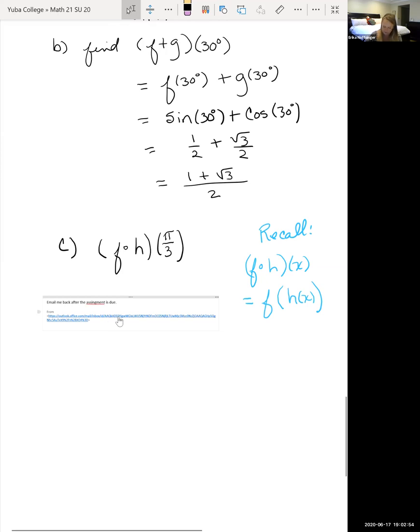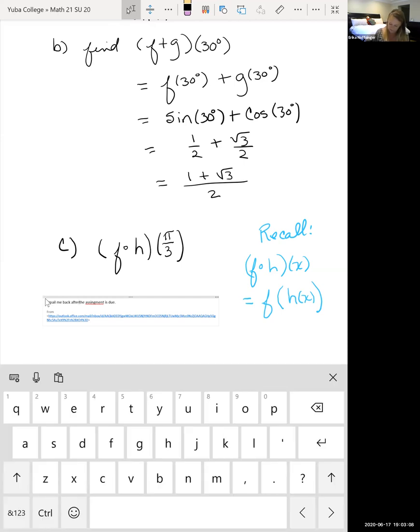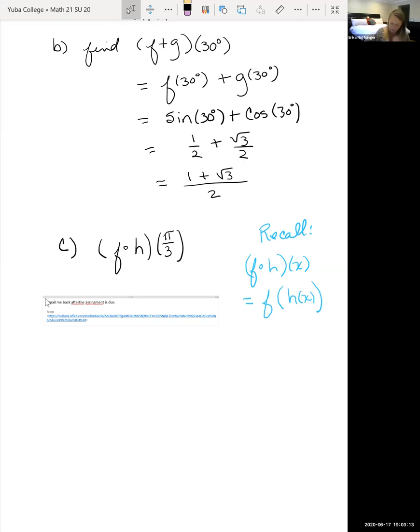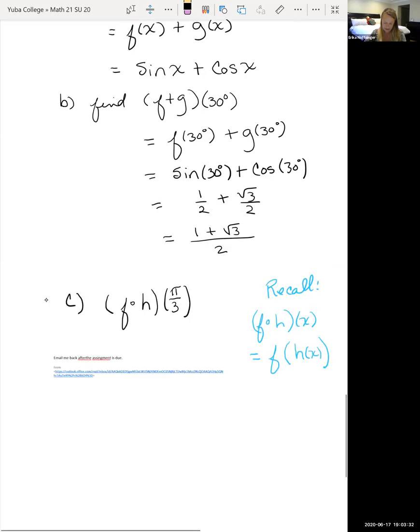Yeah, that didn't work. Sorry, I don't know how to get rid of it now. There we go. Okay, we're just going to leave that there for now. I don't even know what it says.